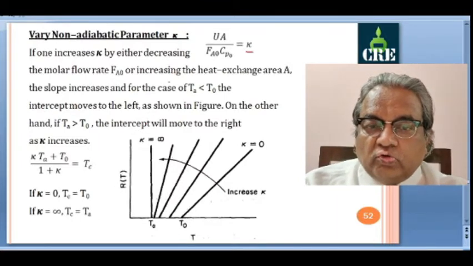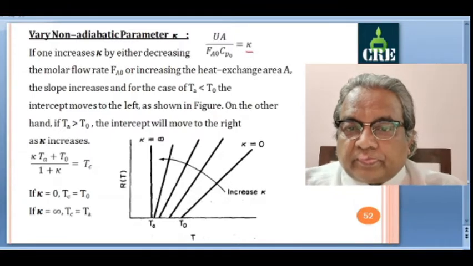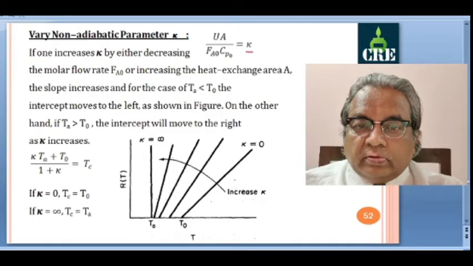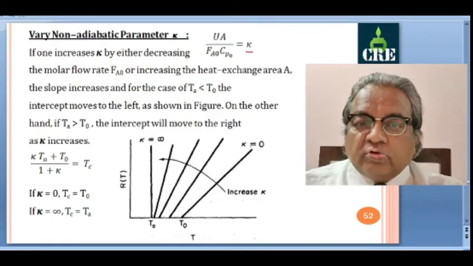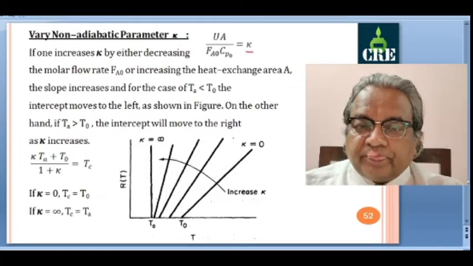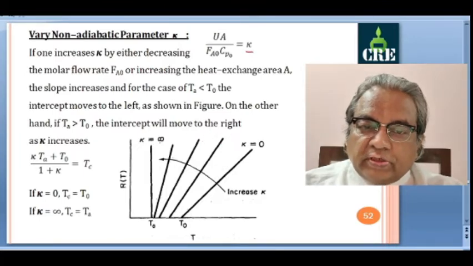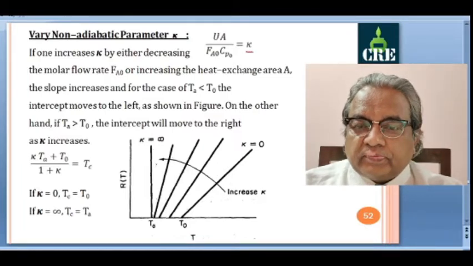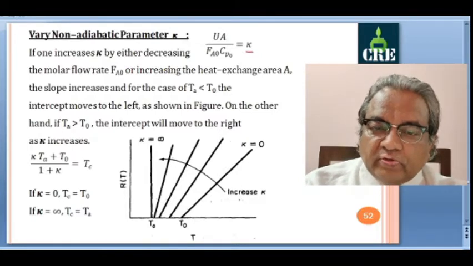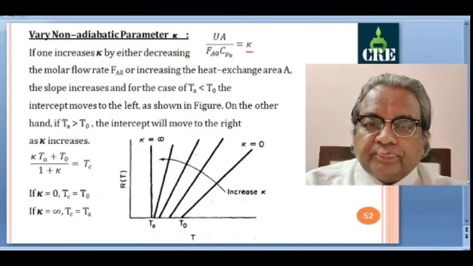At kappa equal to 0, the slope is Cp0 only. Then as 1 plus kappa increases, the slope increases and will become infinity when the line is parallel to the y-axis.